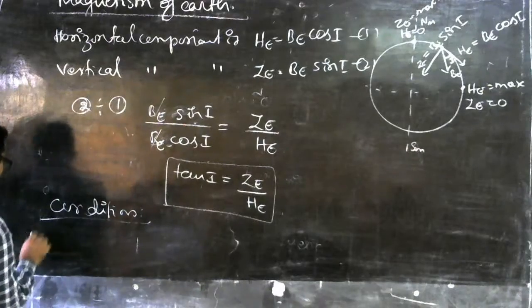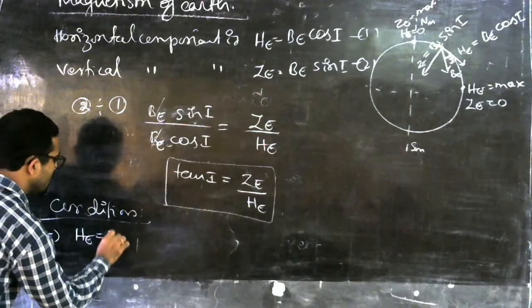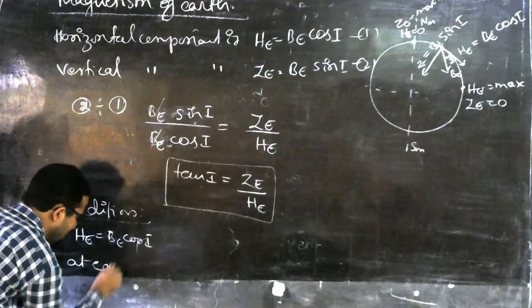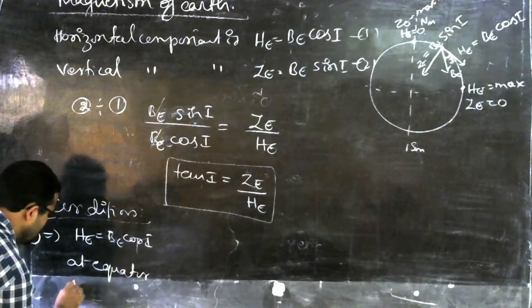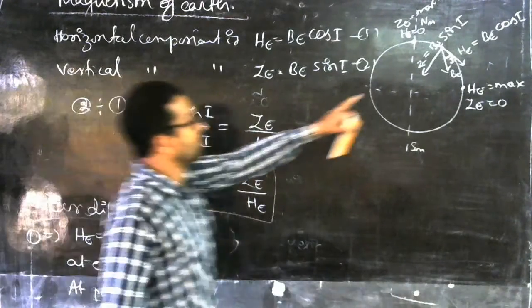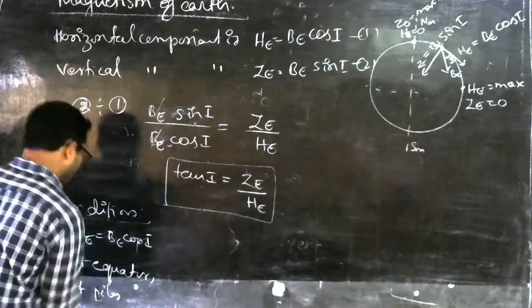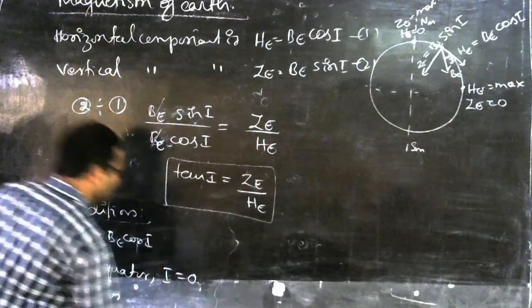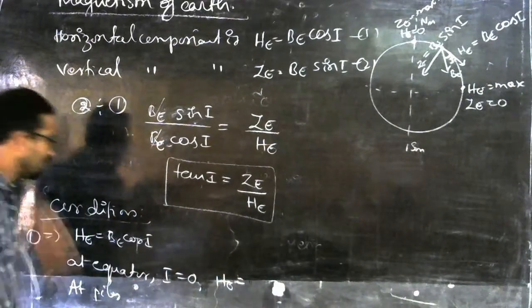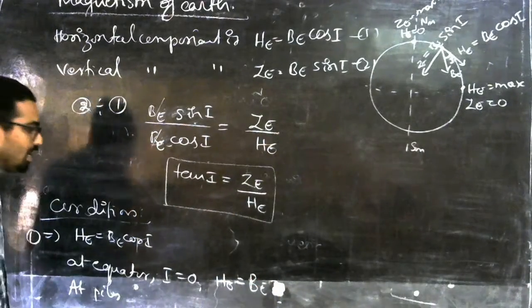Let's take equation number 1: HE is equal to BE cos I. At the equator, I is equal to 0. That is why HE is equal to BE cos 0, which is 1. That is why H is equal to B. That means it is maximum.